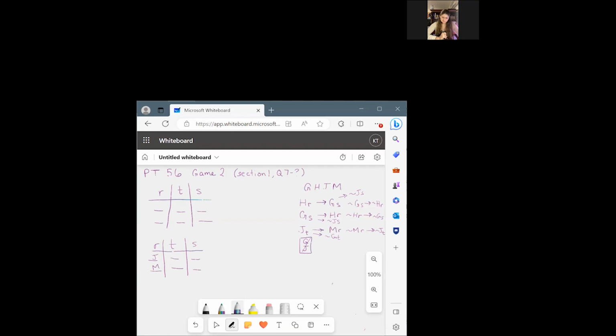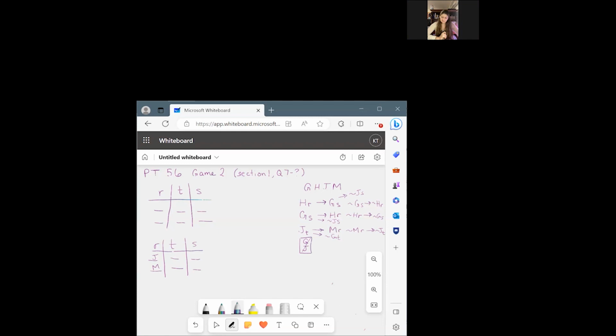So are we triggering any rules based on what we have right now? Yes, we are. We're actually triggering rule number 1. And I state rule number 1 because if you have a G under S, you'd have to have H under R, and we've already filled in the spot.